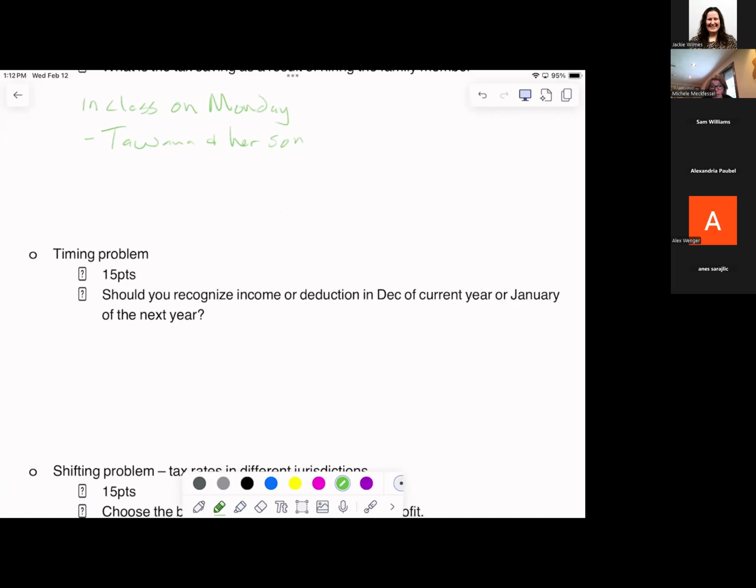There will also be a timing problem, and you'll be given either income or a deduction, and you'll be asked, should you recognize either that income or deduction in December of the current year or January of the next year? Okay. And so remember, you need to ask yourself a couple of questions, right? First, is it tax cost or tax savings, right?